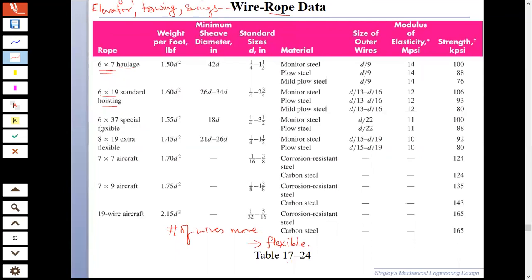If you look over here, this is a 6x37, so this is a special flexible one. 7x7 एयरक्राफ्ट में भी आप रोप्स इस्तेमाल करते हैं, and so on.